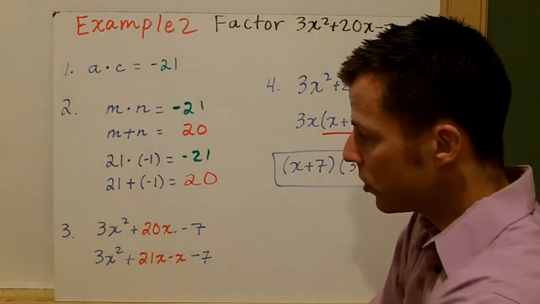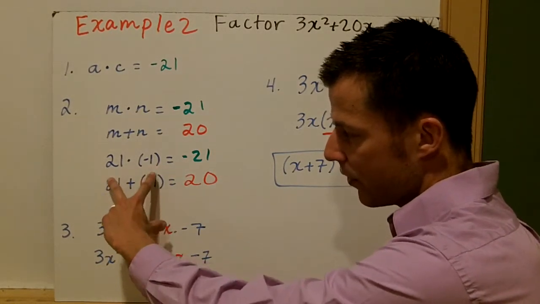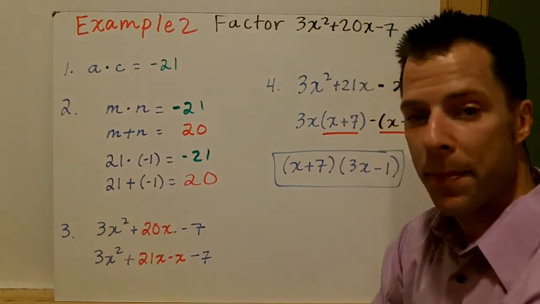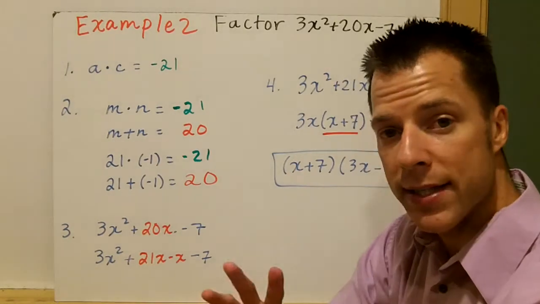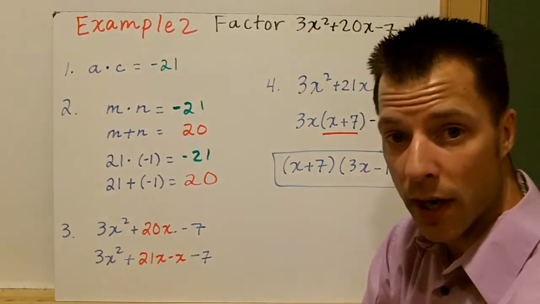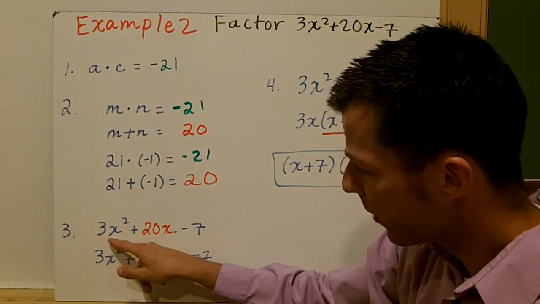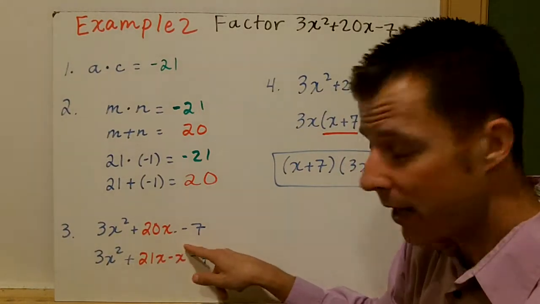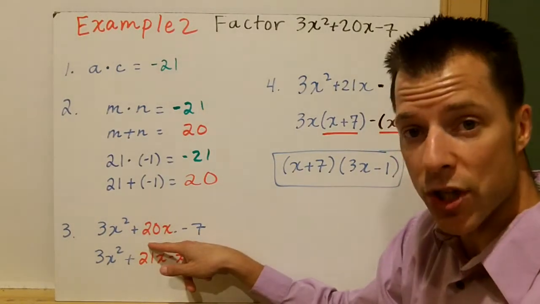So I found my two integers, and notice how the signs on m and n are exactly the same in both expressions. They don't change. So I've got my two numbers, 21 and negative 1. In step 3, we go ahead and rewrite our original expression. So we have 3x squared plus 20x minus 7. Again, I put that b term in red because we're going to change that.